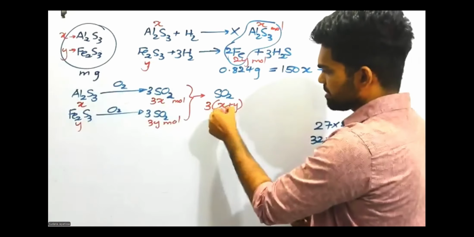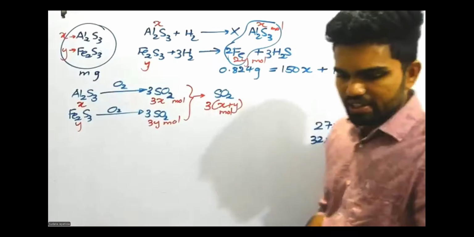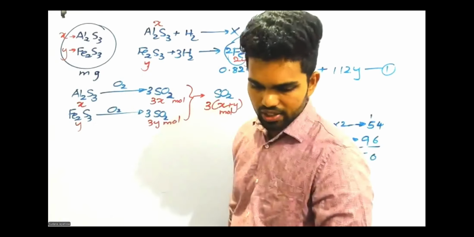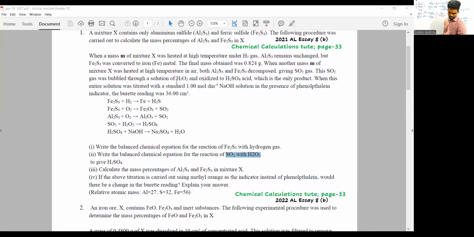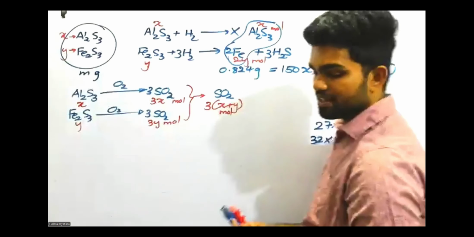Is that clear? And then what is this SO2 doing? Let's check the question again. It says this SO2 gas was bubbled through a solution of H2O2, hydrogen peroxide, and oxidized to H2SO4, which is the only product. That statement is very good, because we need to balance this using the inspection method.